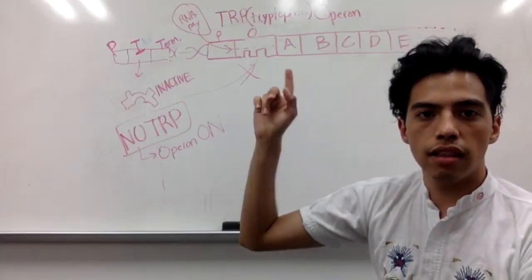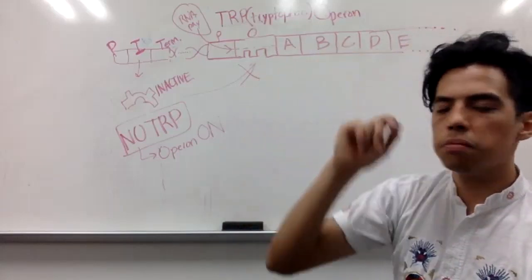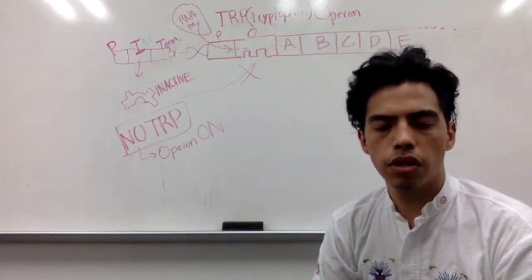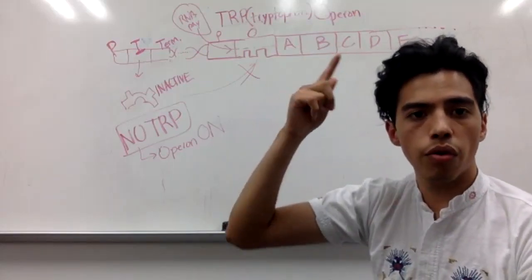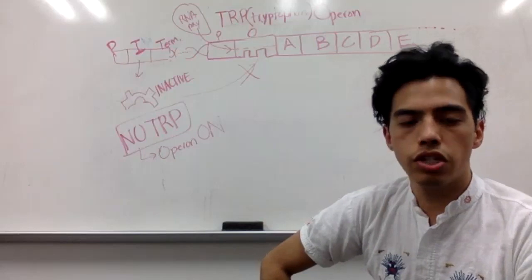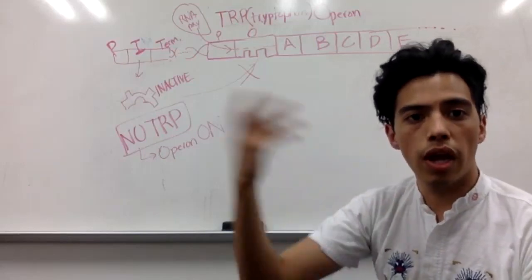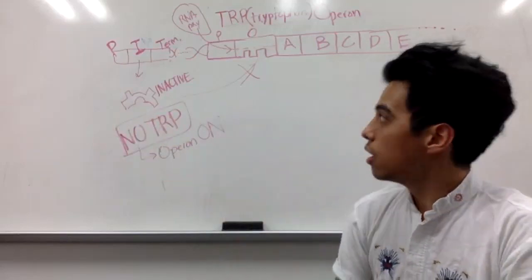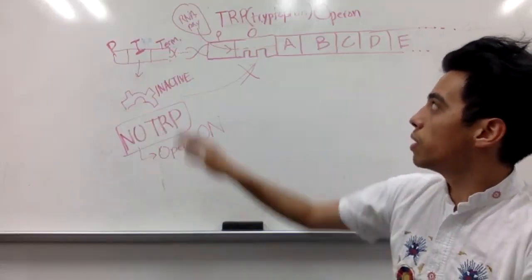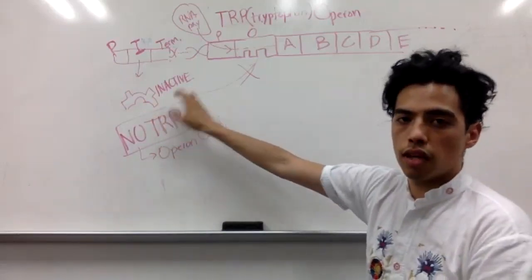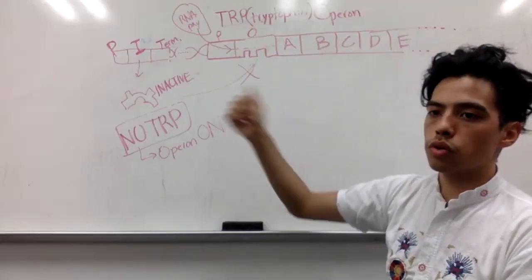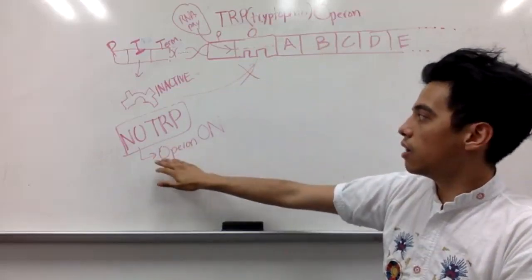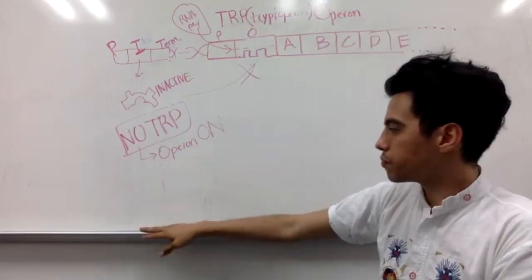Another thing is that these genes, A, B, C, D, E, you don't really need to know what they code for. They're just genes that will eventually create tryptophan. And so because the repressor is inactive and unable to bind to the operator, transcription is high, and the operon therefore is on.